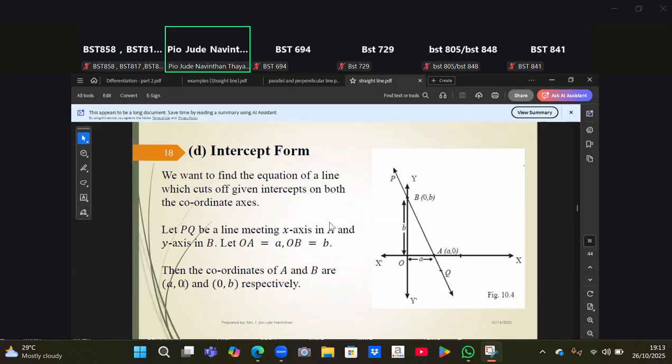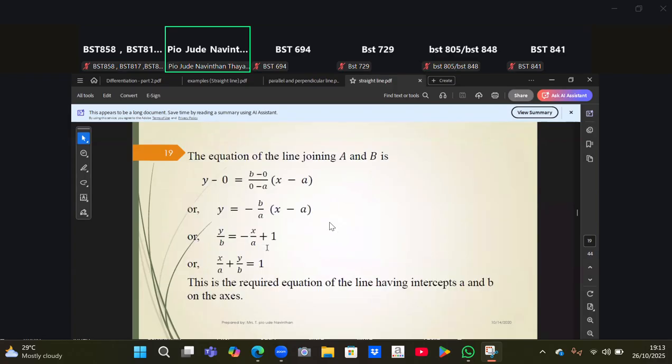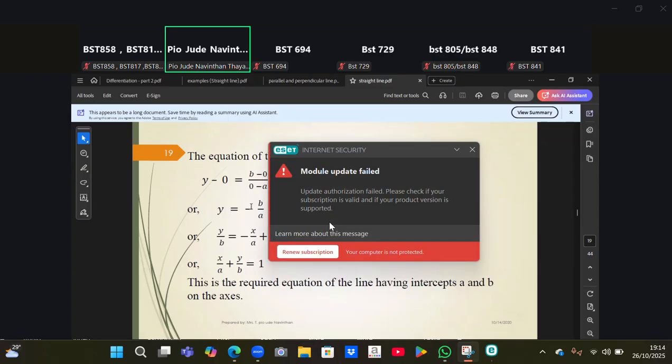No harm. But in my case, if you take a comma 0 first, then 0 minus b, and similarly from here your x coordinate, 0 minus a. Or if you say b minus 0 over 0 minus a, right? Because minus must be there. Otherwise, you will lose this minus.